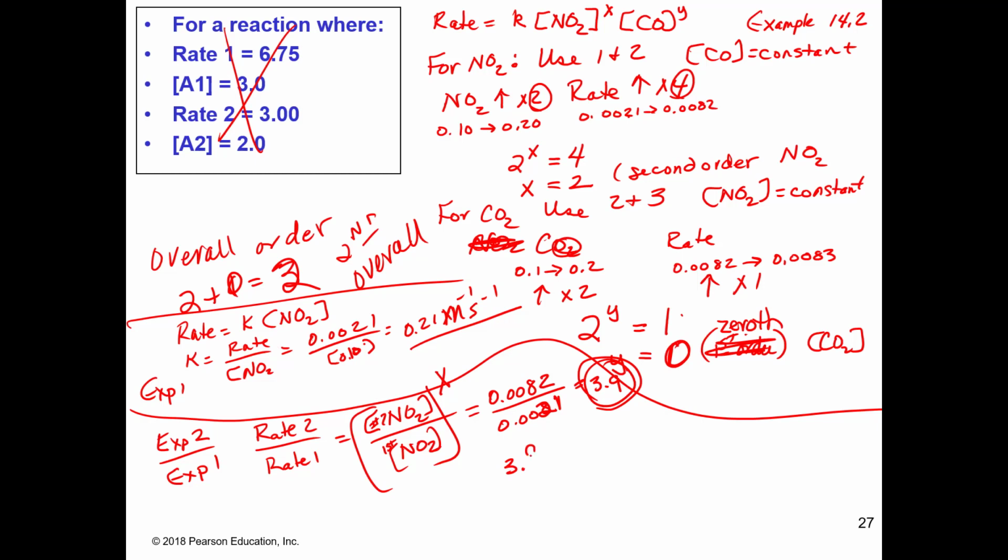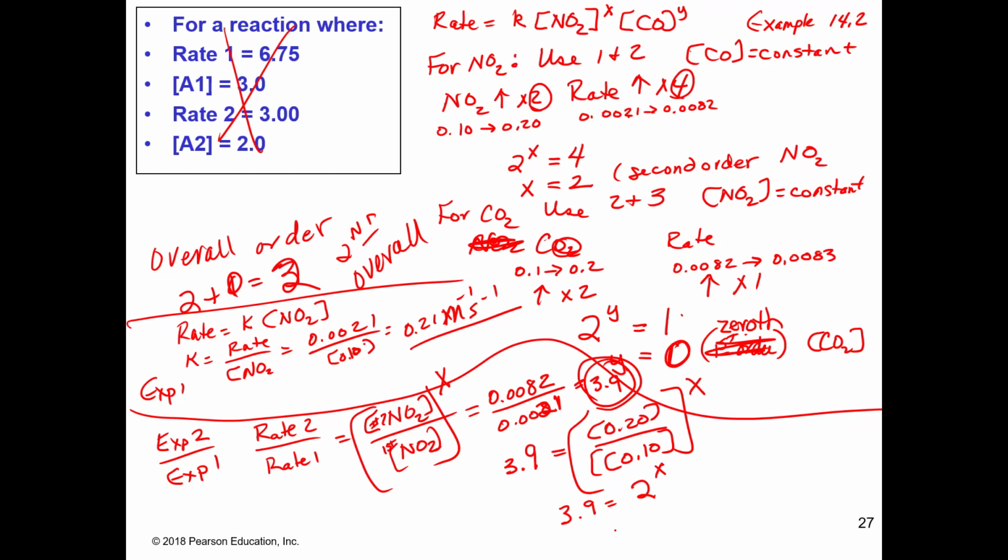So then the 3.9 is equal to the concentration of [NO2] in experiment number 2, which is 0.20, divided by the concentration of [NO2] in experiment 1, and then all of that is raised to x. 0.2 divided by 0.1 is 2, okay? So that becomes 3.9 equals 2 to the x, right?